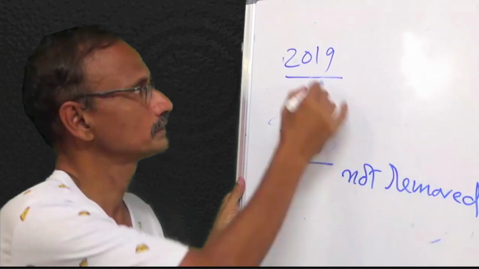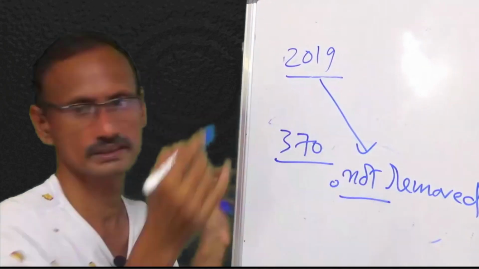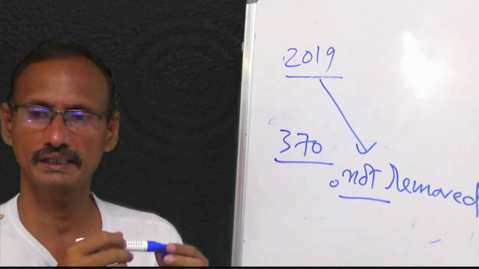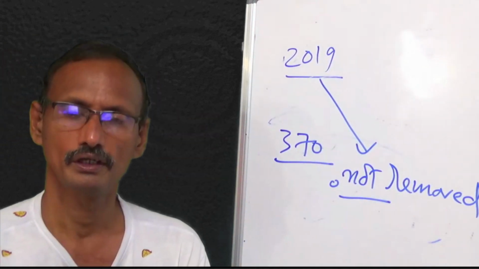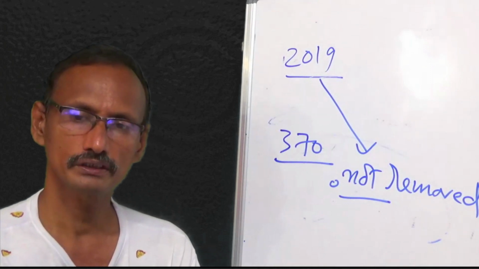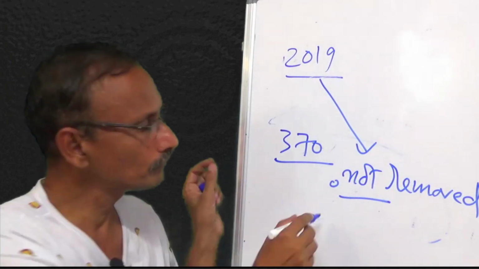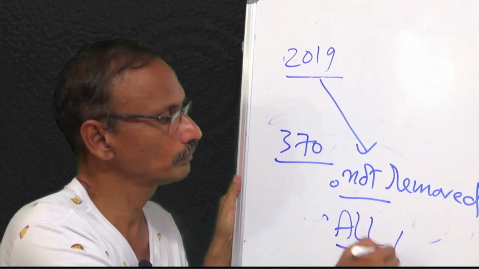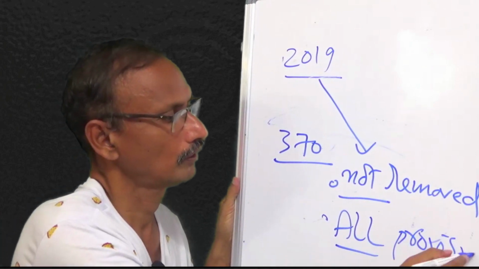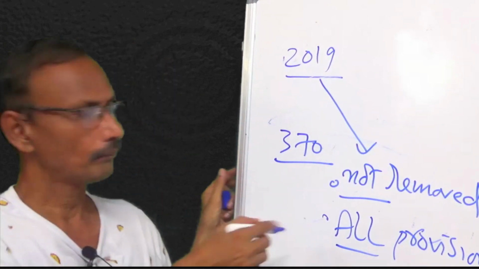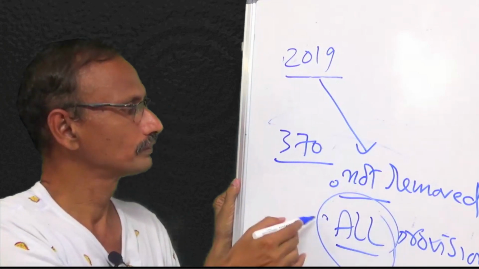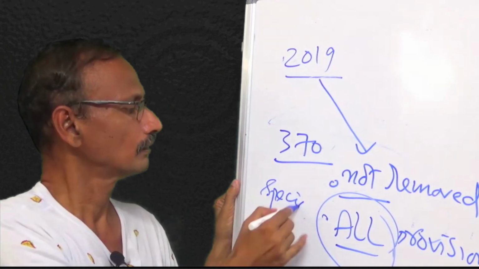See, in the presidential order there is no removal of 370, because 370 is the link between India and Jammu and Kashmir. But instead, using 370, all the provisions of the constitution are applied. All provisions apply. In applying all provisions, special status is gone.